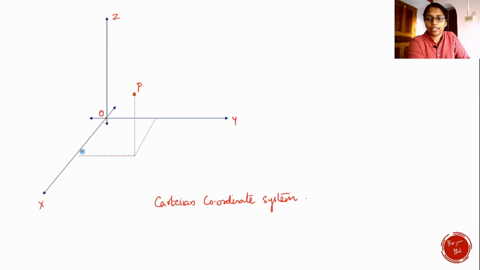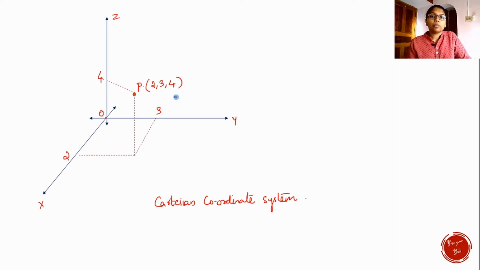This line touches the x-axis at, let it be 2 here, and on the y-axis let it be 3, and on the z-axis, for that I need to draw a line perpendicular to the z-axis, so let it be 4. So now I can represent this point P in the xyz coordinate system, that is 2, 3, 4: x coordinate, y coordinate and z coordinate.